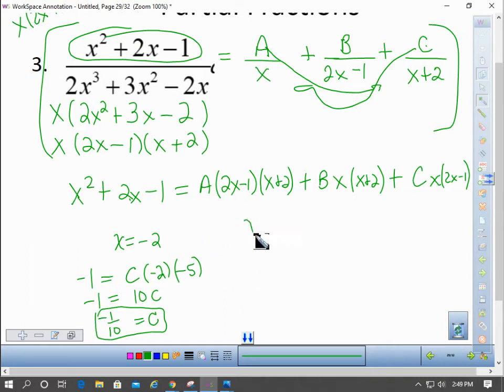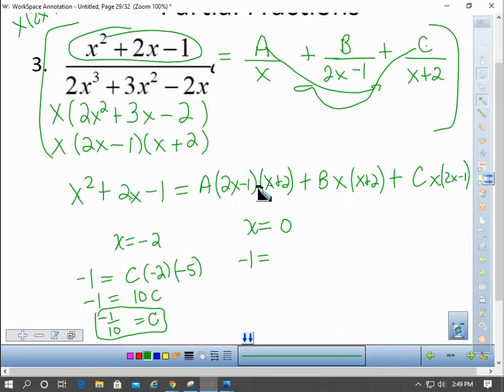All right, now let's pick another convenient value of x. All right, let's make the b go away. Well, we did that before, but let's pick a different number. I can make x 0. All right, if x is 0, let's see what happens. So if I put a 0 in for all my x's, I'm going to be left with -1 equals.